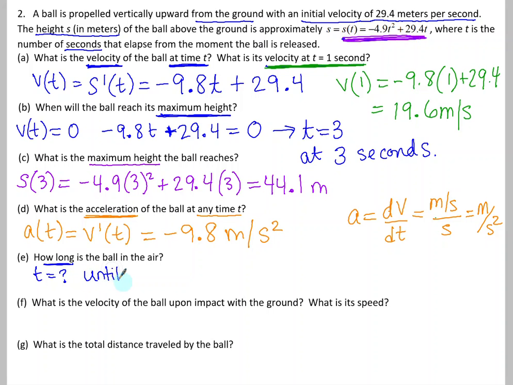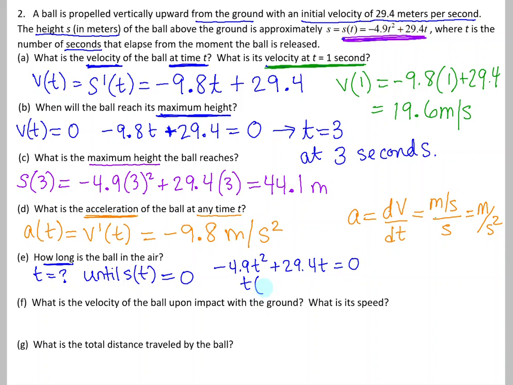So we're trying to figure out when the position function is equal to 0. So if we take our position function, negative 4.9t squared plus 29.4t, and set it equal to 0, we can do some solving.